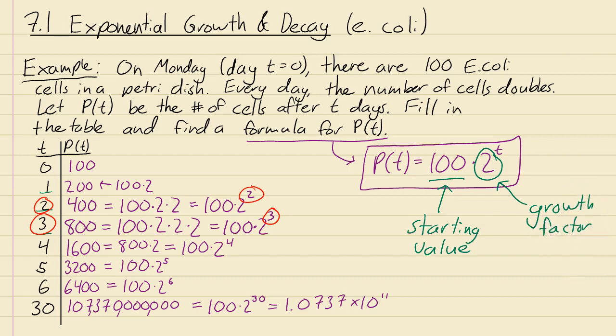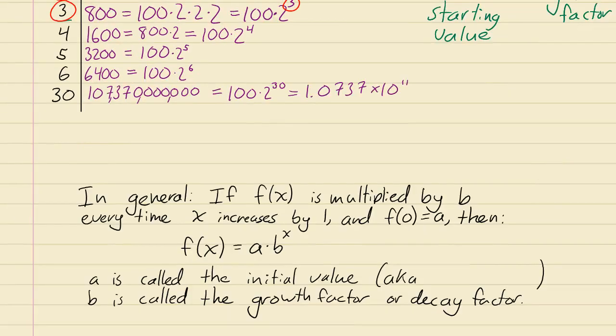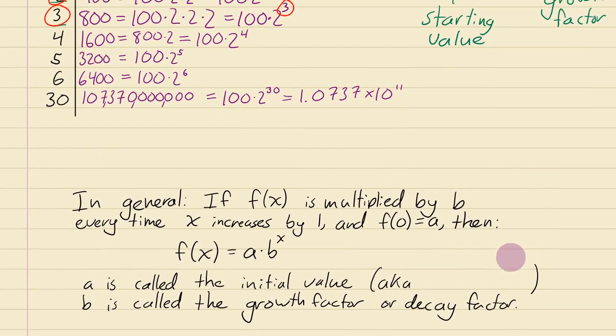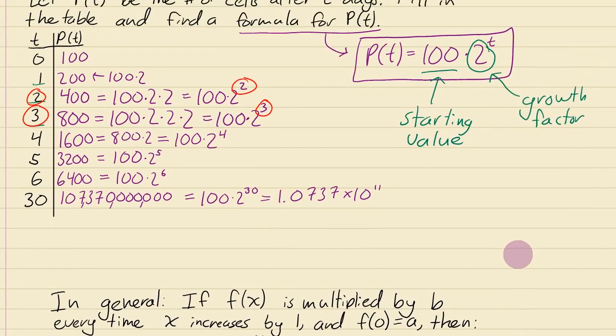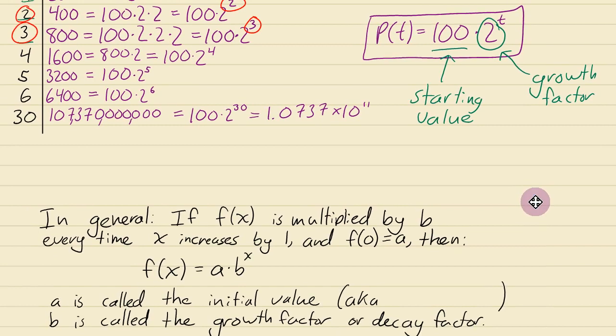So what that means is it's a factor because a factor is something that gets multiplied in general, and that's what you're doing here every time: you're multiplying the previous one by 2. So you call that the growth factor. So in general, let me drag this down here so we can see it here.